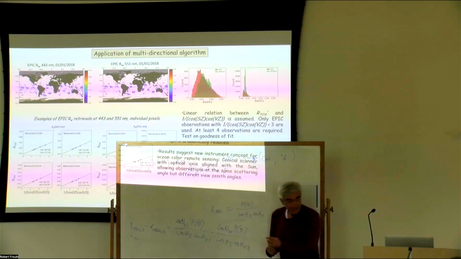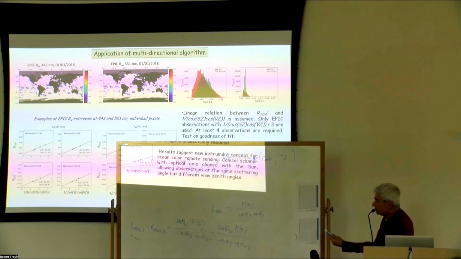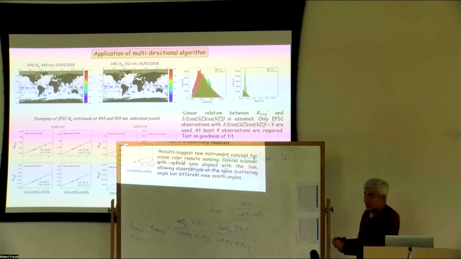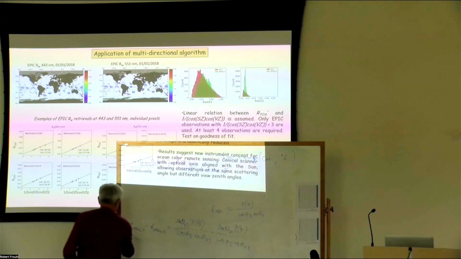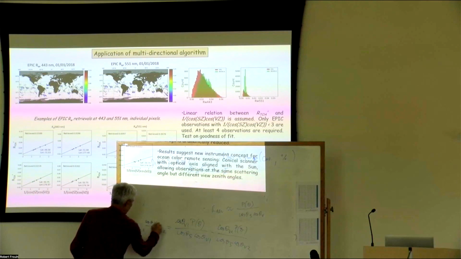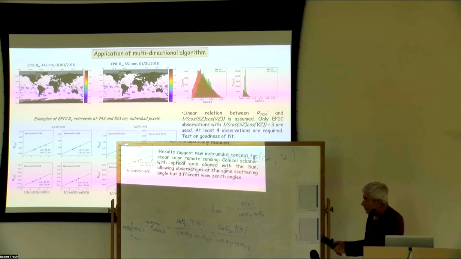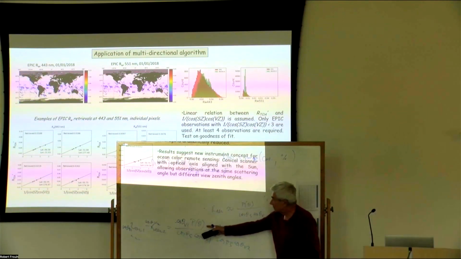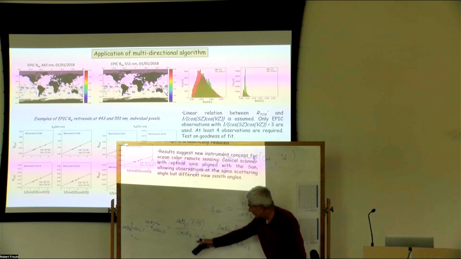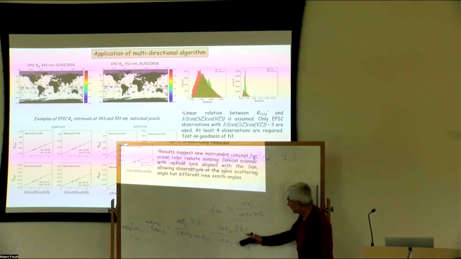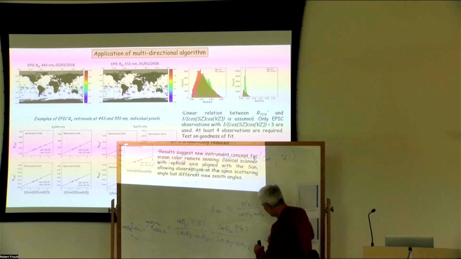So you see here that if you measure at two viewing angles, the same scattering angle, if you do R aerosol 1 minus R aerosol 2, and multiply by the cosine, you end up with cosine theta v1 times the phase function divided by cosine theta, and this is equal to 0.